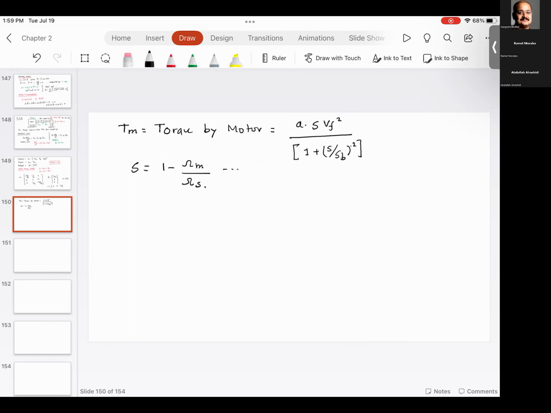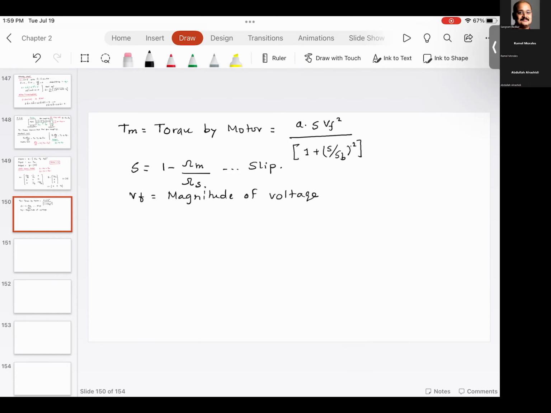So this is called slip. Now Vf is the magnitude of voltage.